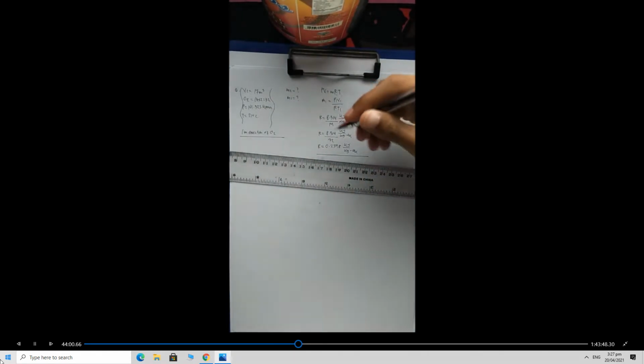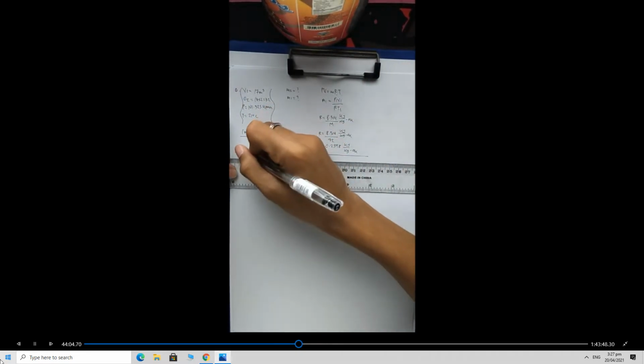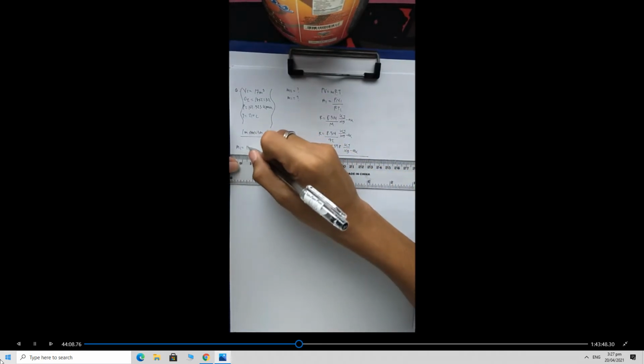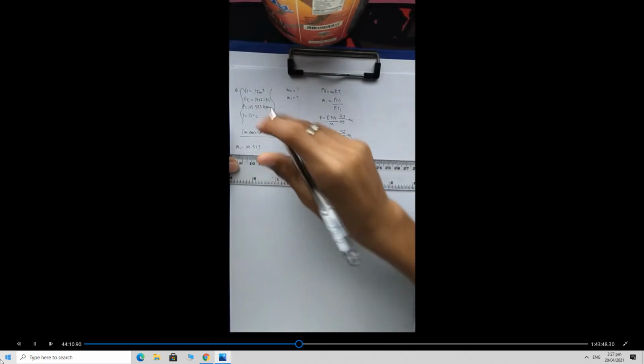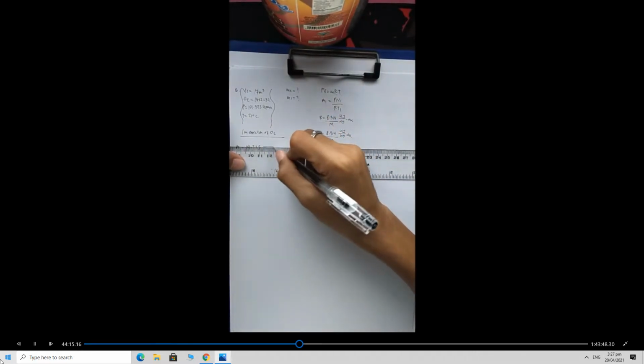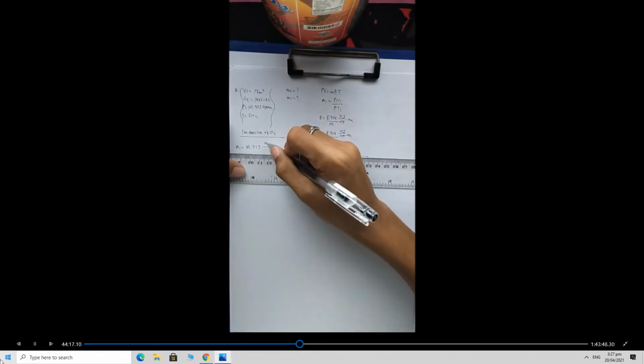Now, since we already have our gas constant, we can solve for our mass 1. So mass 1 equals pressure 1, which is 101.325 kilopascal absolute. I'm just going to write this one in its simple form, so this will be kilonewton per meter squared.